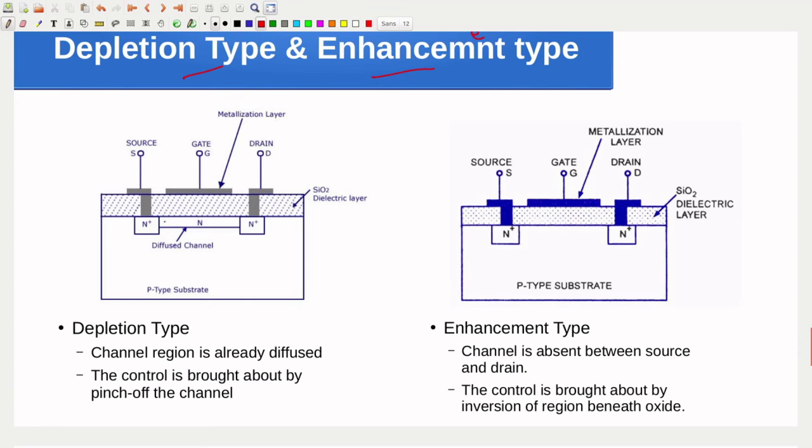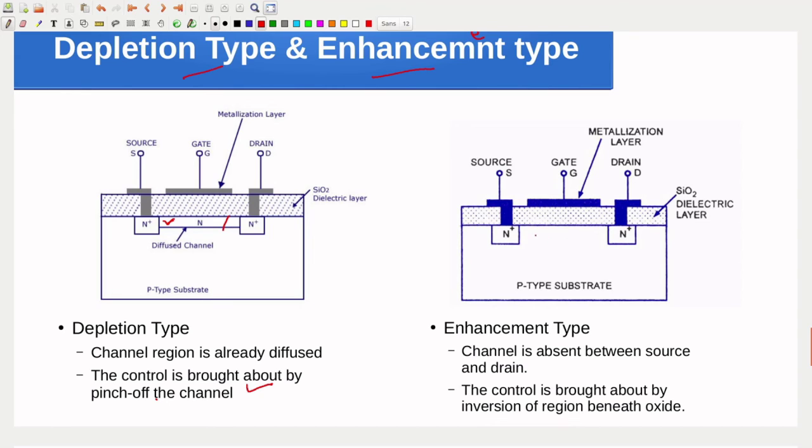In the depletion type, a channel is already created even before the application of gate voltage, and the control of current is done by the gate voltage by the pinching off of the channel, by controlling the channel. This type of MOSFET is known as the depletion type MOSFET.